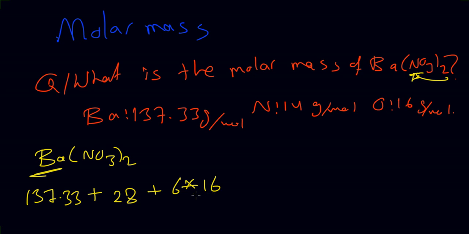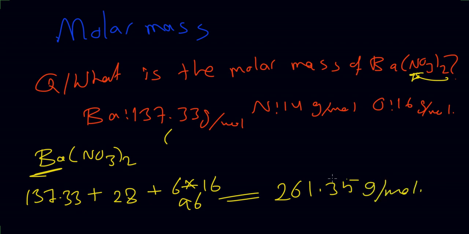Okay, 6 multiplied by 16 is equal to 96. So result is equal to 261.35 what? Molar mass, gram per mole.